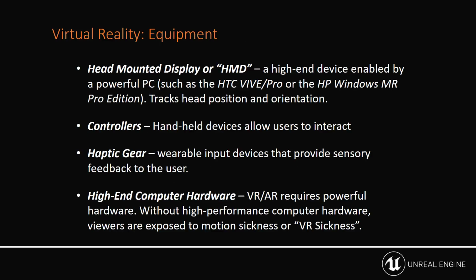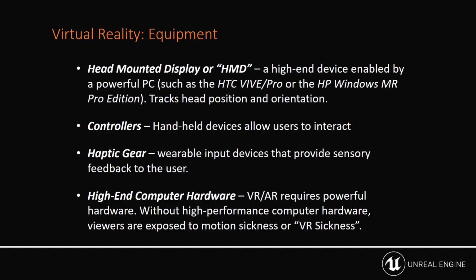Let's jump forward here to take a look at, continuing on our talk of virtual reality and the basics, some of the equipment and how it relates to Unreal Engine. So we're going to see how we can use something like a head-mounted display, and what you'll often hear is a head-mounted display referred to as an HMD, which is literally the acronym for a head-mounted display.